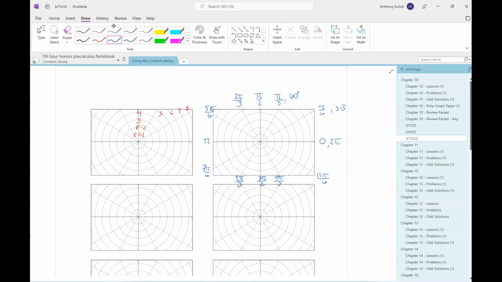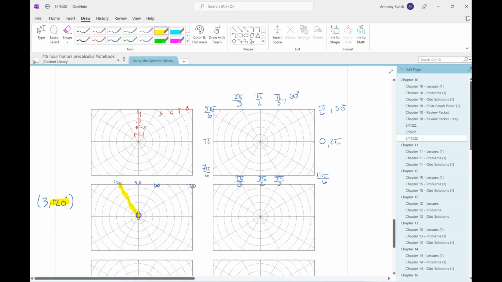Let's plot some examples now. So let's say we want to plot the point (3, 120). When I'm doing this, I like to start with the angle measure. So where were we? We're 30, 60, 90, 120 is there.